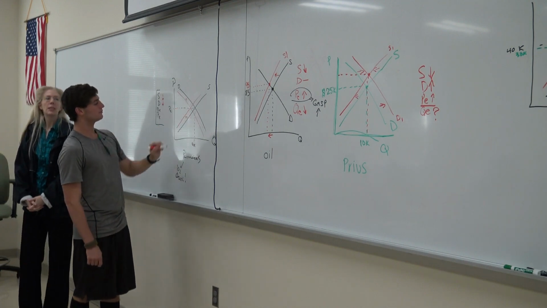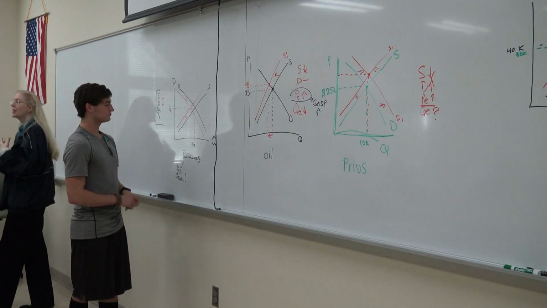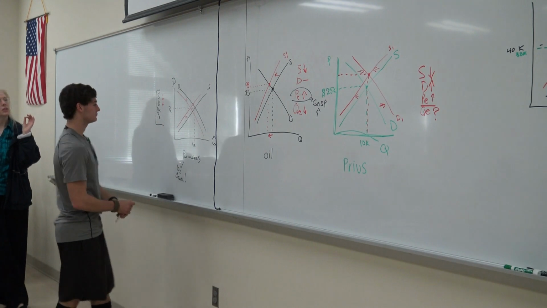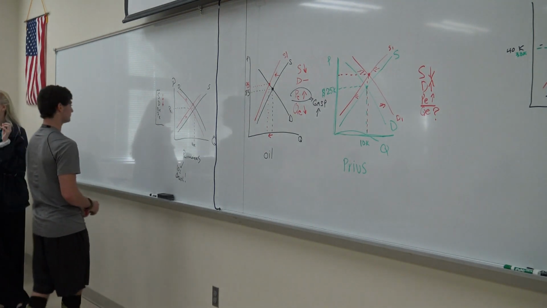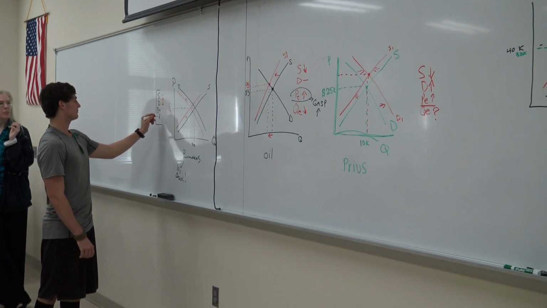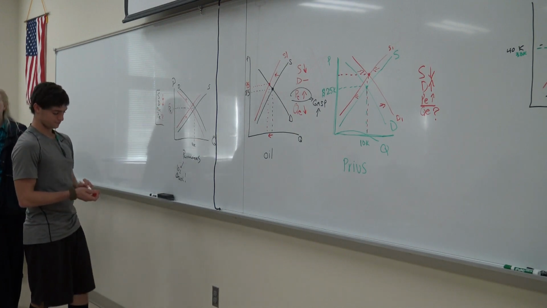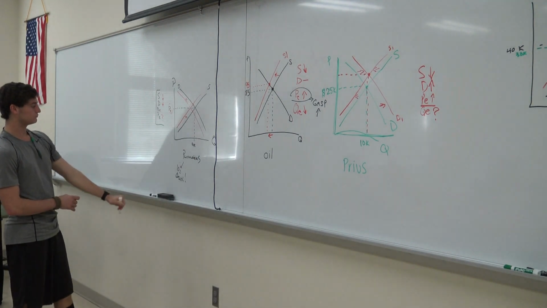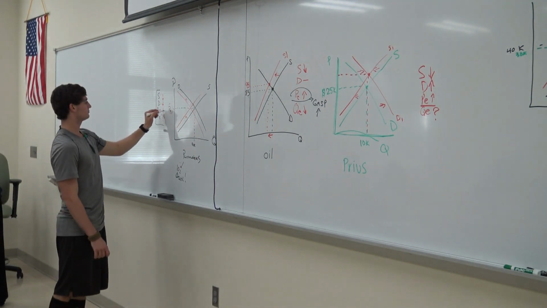So once again, we have both curves going in the same direction, and what's going to be our question mark? Price. Price, absolutely. And what's going to happen to our quantity? It's going to decrease for our new equilibrium.